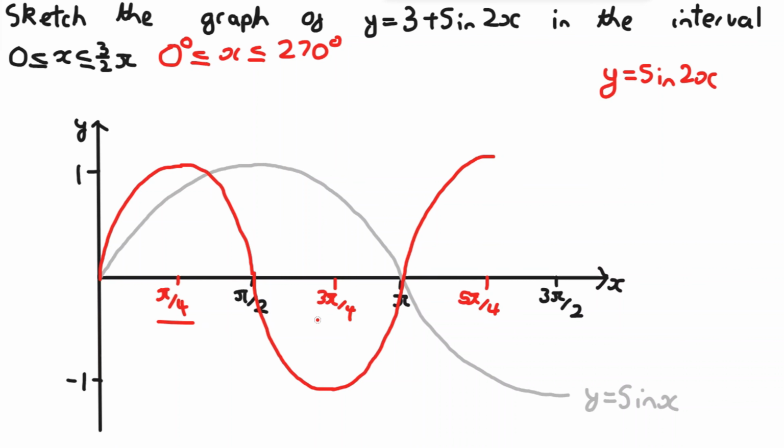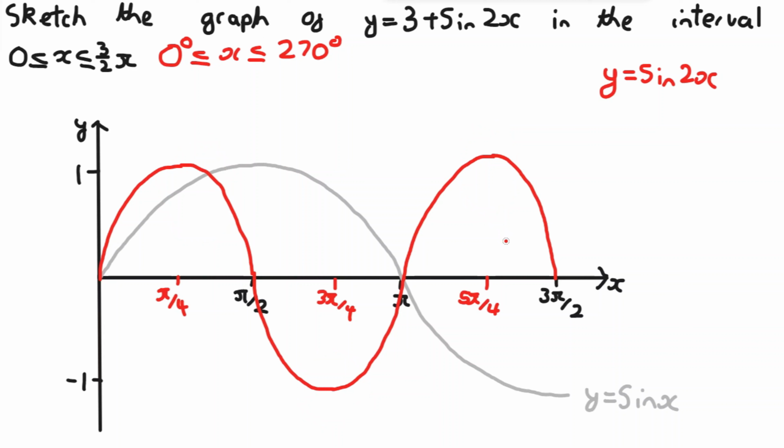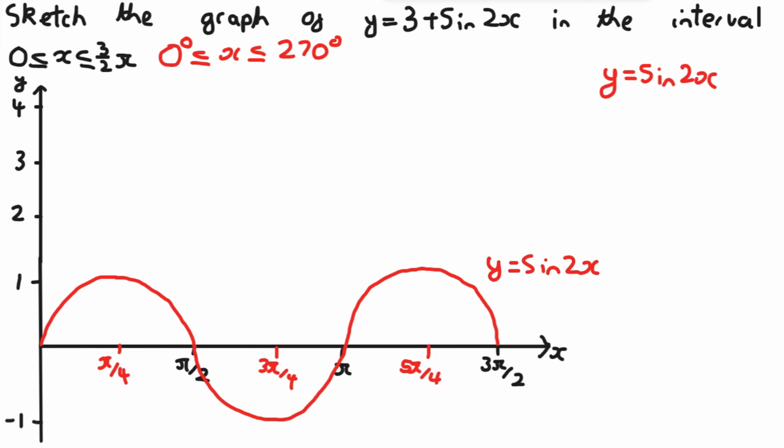So you can see pi over 4, 3 pi over 4, 5 pi over 4, and then this is going to come down here, and there's going to be a root here, and you can see that the graph is squeezed. We still have the same shape, but it's now squeezed by 2 in the x direction. So this is the graph of y is equal to sin 2x.